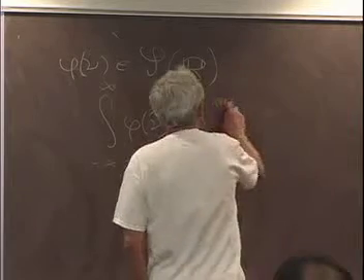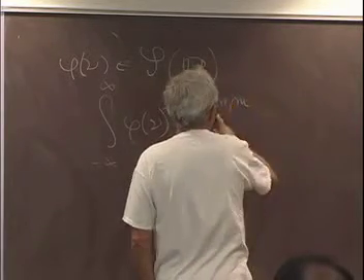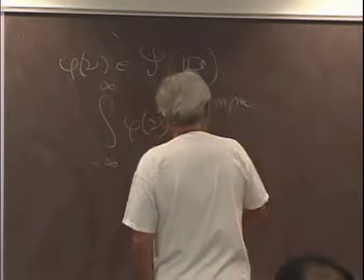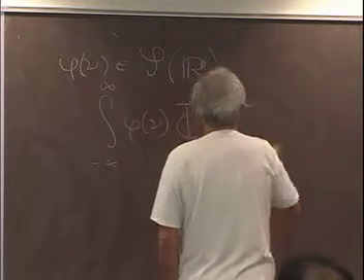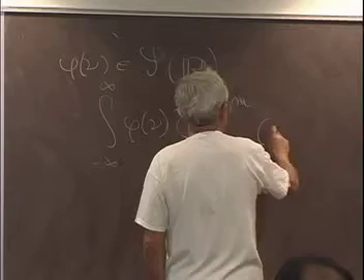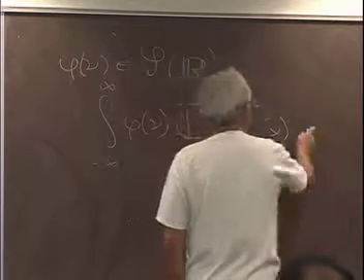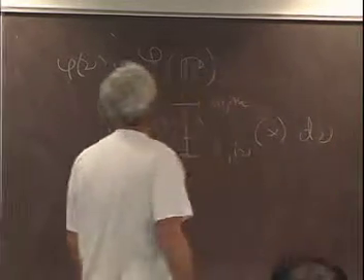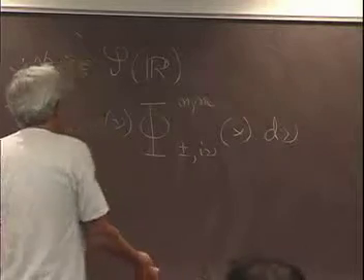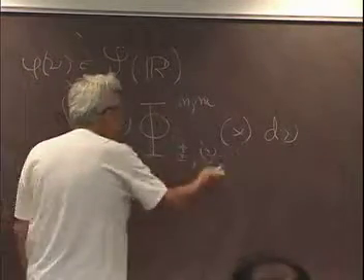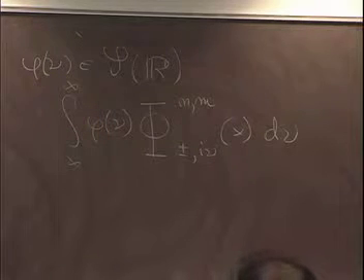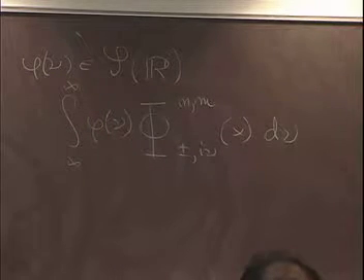And I take n, m, so these are two K-types, plus or minus i nu, and e of x d nu. So what I'm doing, I'm taking a Schwartz function, integrating with matrix coefficients over the imaginary axis.